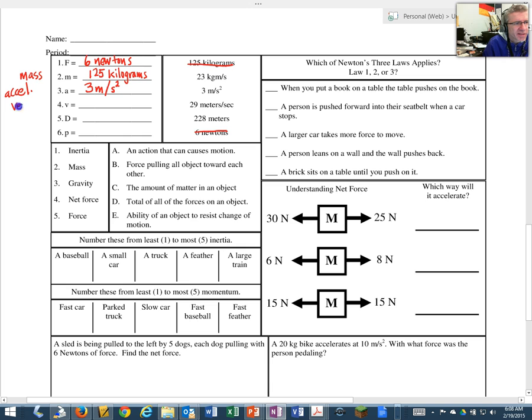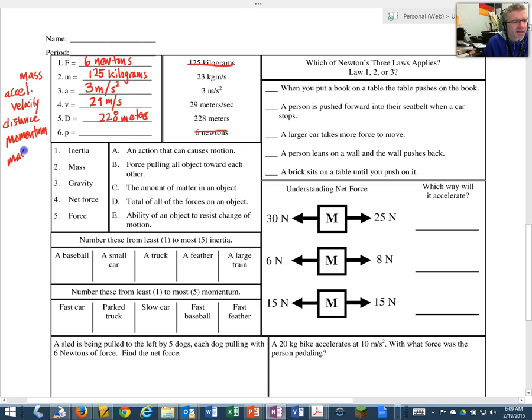V is velocity, or speed. It's measured in meters per second, 29 meters per second. M per s, you could say. D is distance. This was a little confusing, I apologize, but 228 meters. And then P is called momentum. I was mentioning this to a couple people.